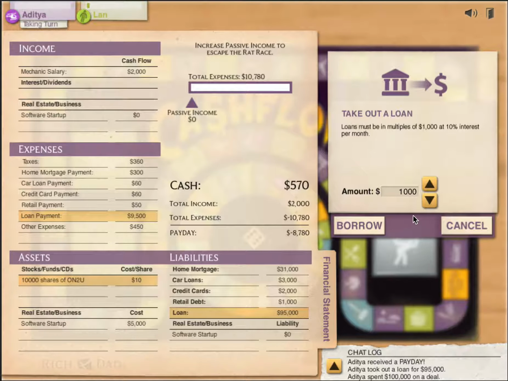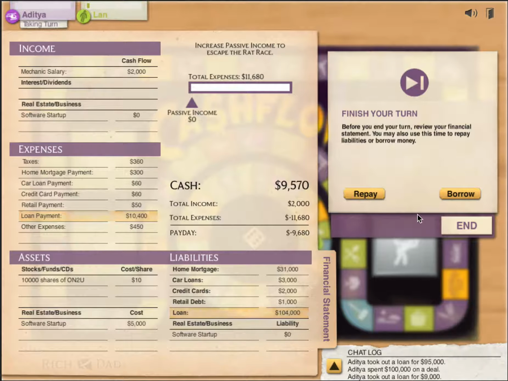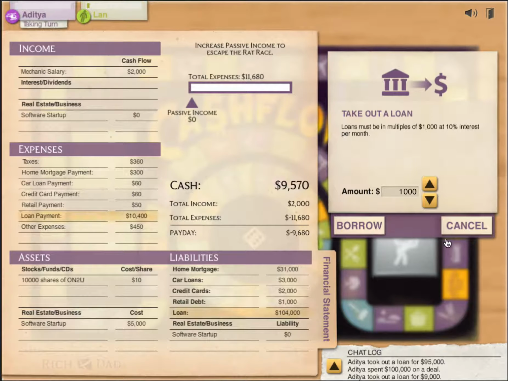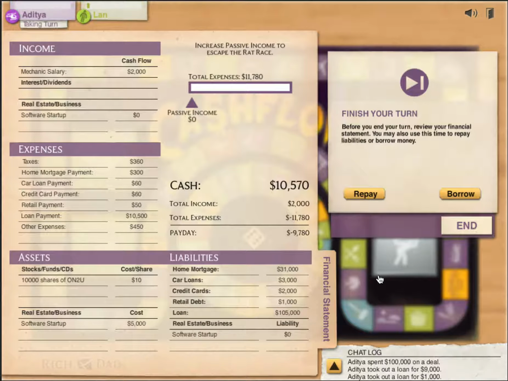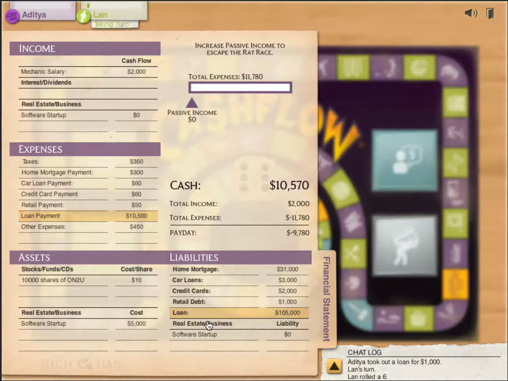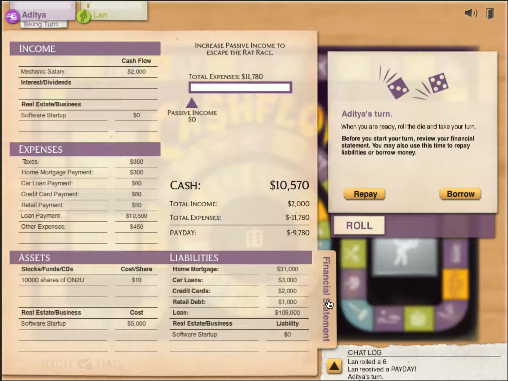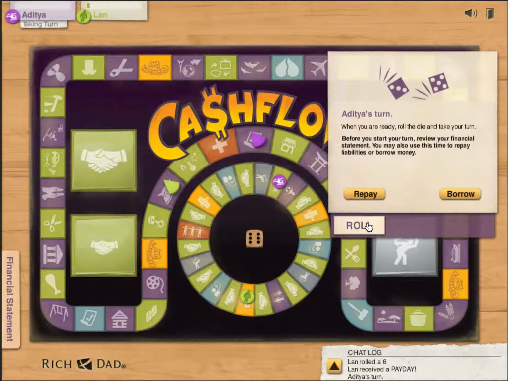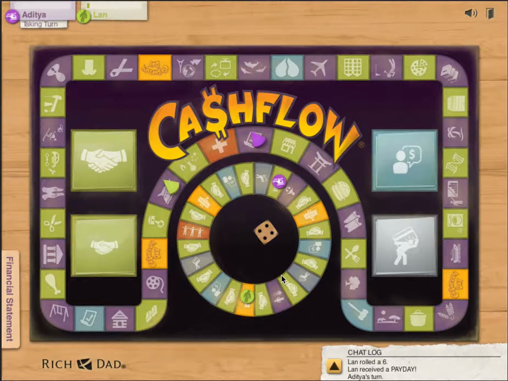But since we have so much borrowing capacity in this game, we're going to borrow enough to get out of our payday losses, and we're going to end our turn. If we get lucky at any point and we're able to sell this, we're going to make a fortune out of this, and we're basically using our credit to make this fortune. And it's not really a gamble because in this game the price never truly goes away.